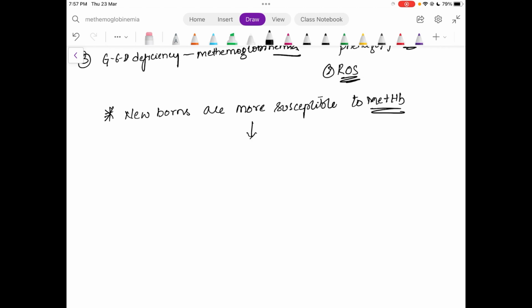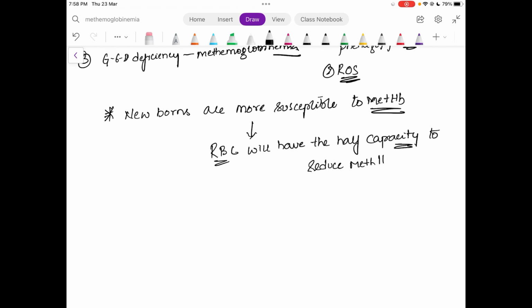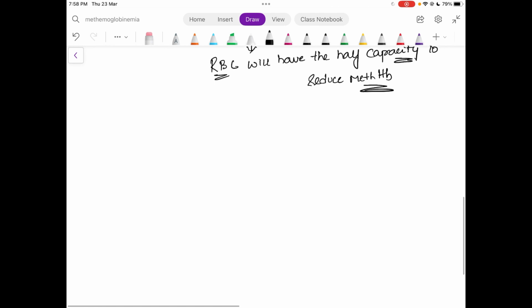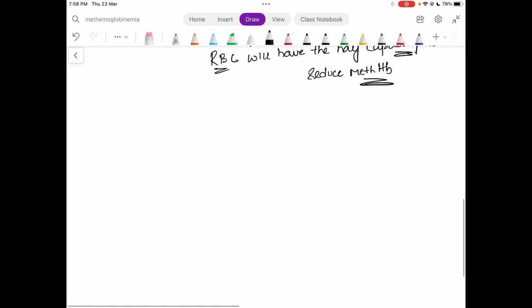Why are newborns more prone to methemoglobin formation? Because RBC will have half the enzyme capacity to reduce methemoglobin. That means the enzyme activity is only 0.5%. So these newborns are more susceptible to methemoglobin formation and methemoglobinemia.